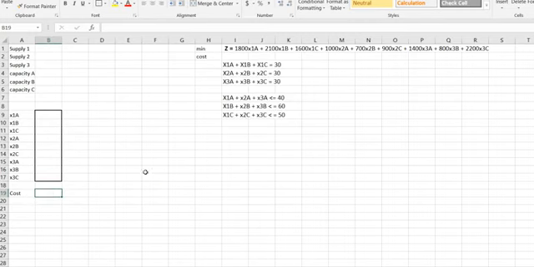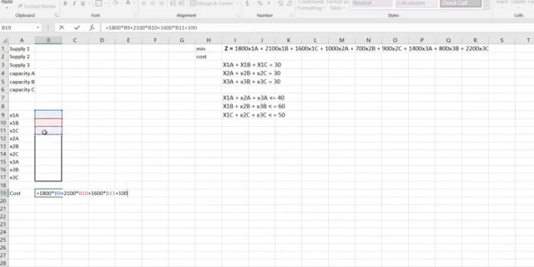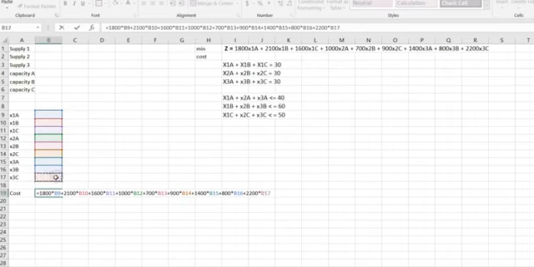Our cost equation equals 1,800 times x1A plus 2100 times 1B plus 1600 times 1C plus 1000 times 2A plus 700 times 2B plus 900 times 2C plus 1400 times 3A plus 800 times 3B plus 2200 times 3C.